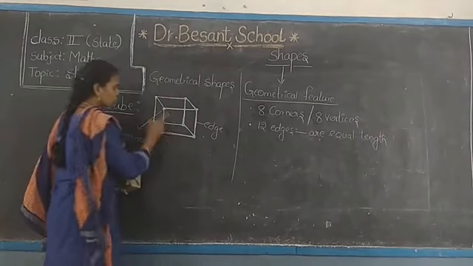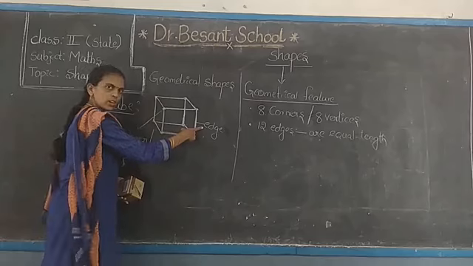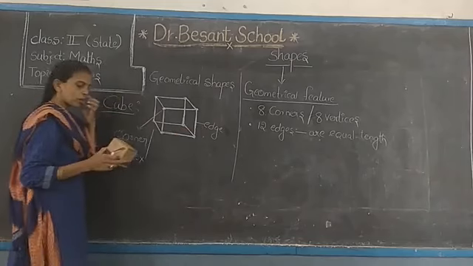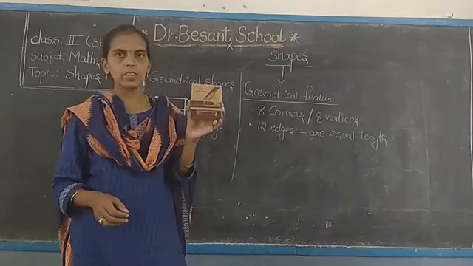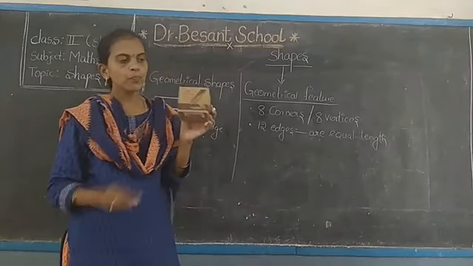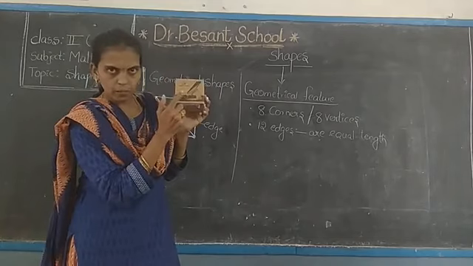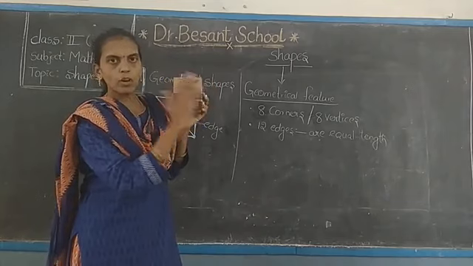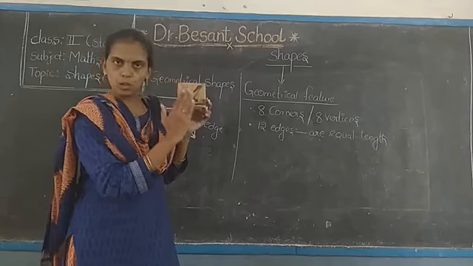Now, is it clear about edges? Clear? Now coming to the faces. Observe this cube, children. The flat surface we are observing here is called the face of a cube. What do we call it? Face of a cube.